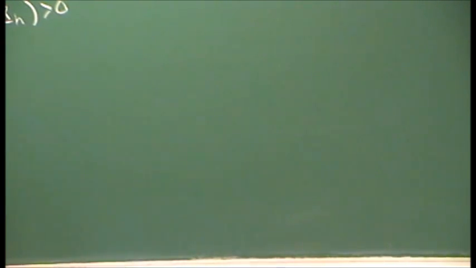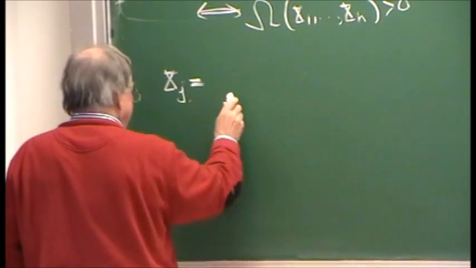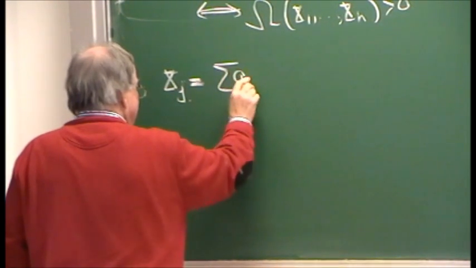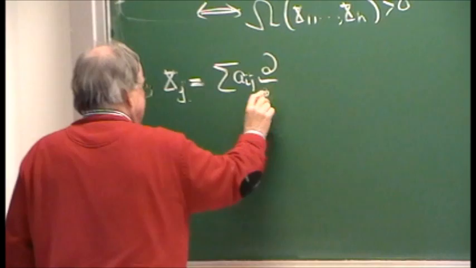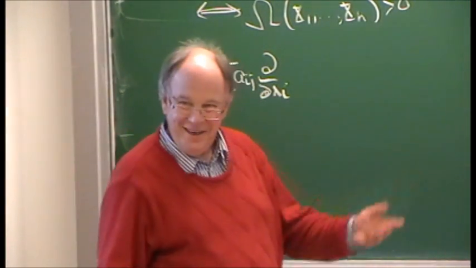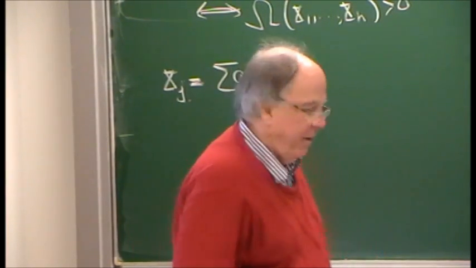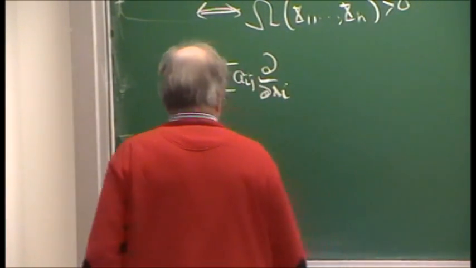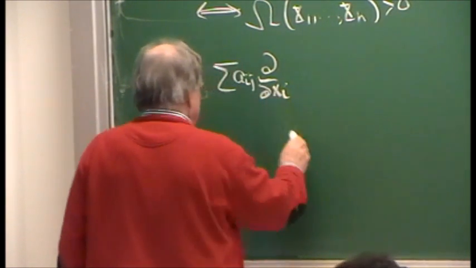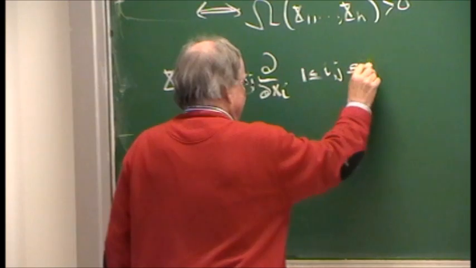So xj is equal to the sum of aij d/dxi. Okay? That's a vector field, right? So we have n of them on Rn, with i and j between 1 and n.